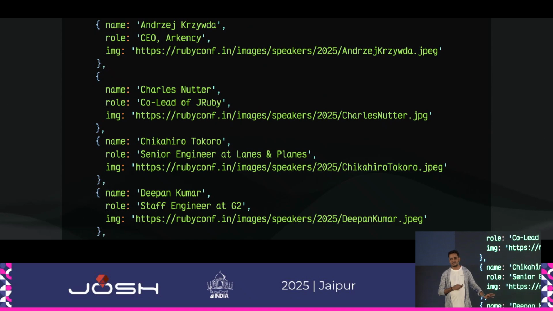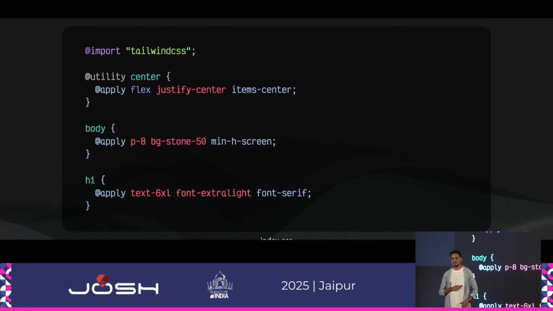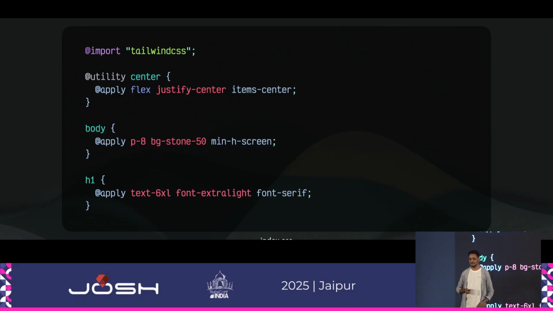Some hard-coded data for those speakers, it can be an API, doesn't matter. And a little bit of CSS, sprinkled like salt. Also, I like doing this kind of CSS to avoid a clan war between CSS purists and Tailwind purists. Maybe I will start a war right now from both sides, asking why you have written it like this.